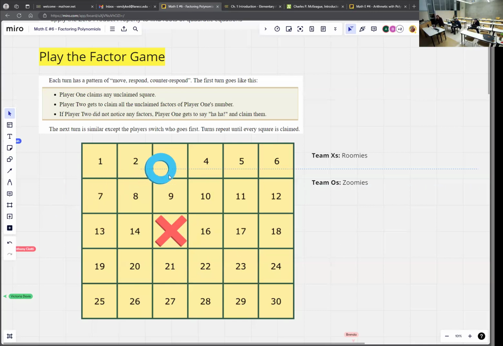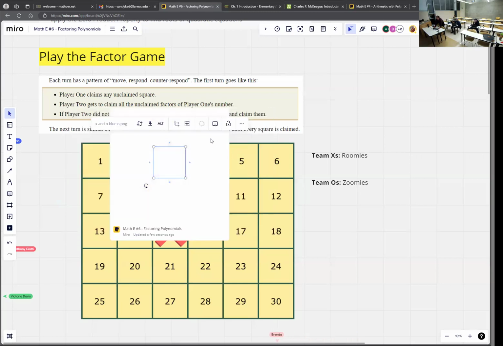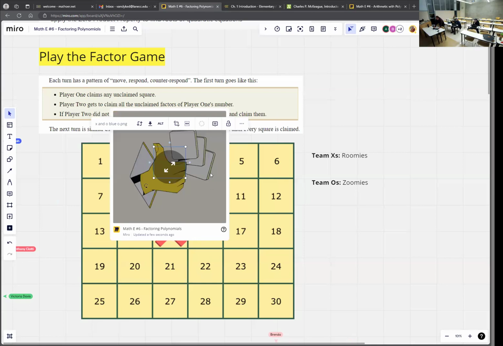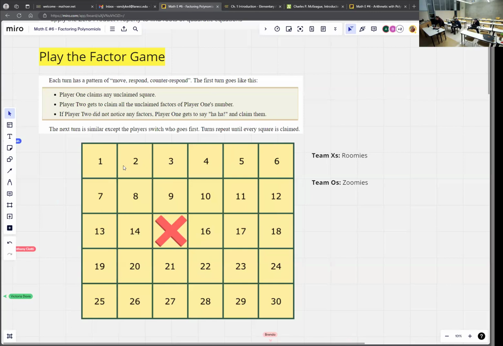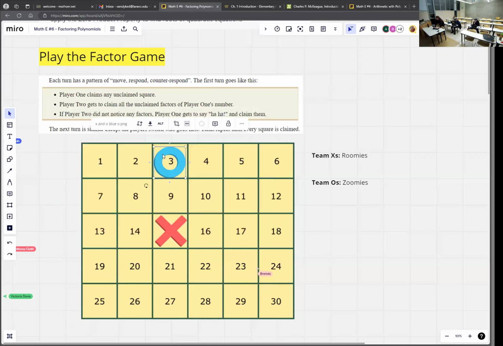They could pick 3. There we go. 3 times 5 is 15. What else? 1 times 15, so 1 would be claimed.